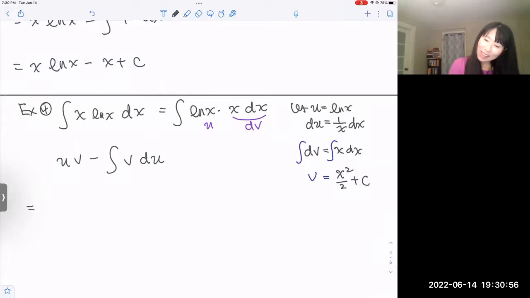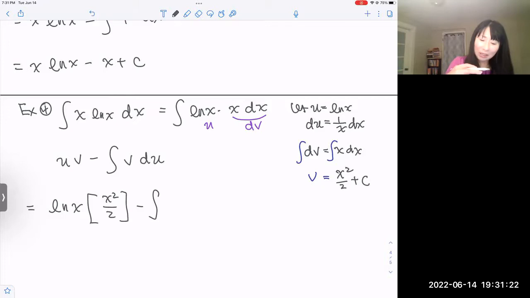Then we're gonna use uv minus integral of v du. So u is ln x, and v is x squared over 2. Since we have only the simple one, let me take the 1 over 2 outside of the integral symbol.